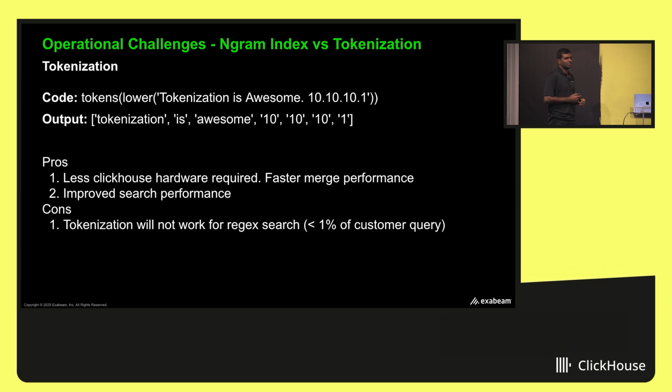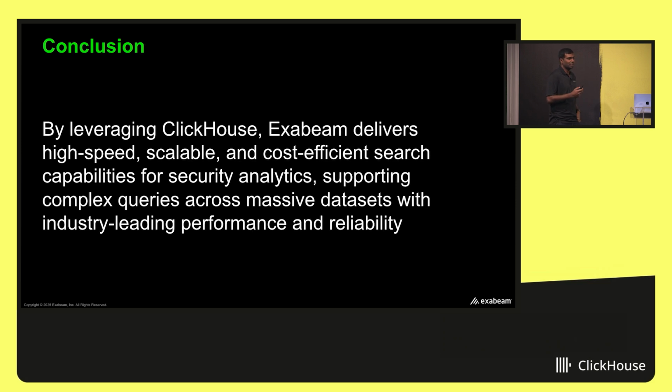Regular expressions are just 1% of our customer queries, so that is not a big concern for us, and we went with the tokenization approach. By leveraging ClickHouse, Exabeam is able to deliver high-speed, highly scalable, low-latency, and cost-efficient search capabilities.